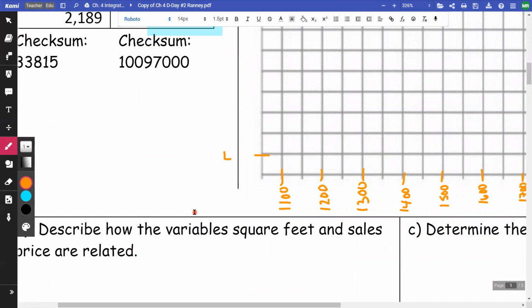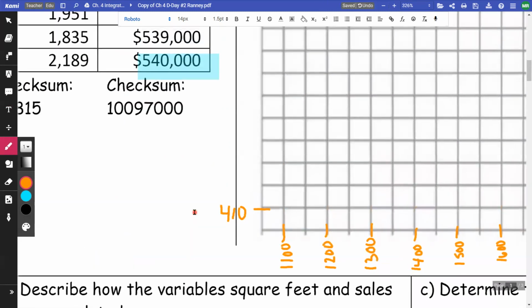So I'm going to be 410,000, and 420,000, 430,000, and so on. So let me pause and get that done.